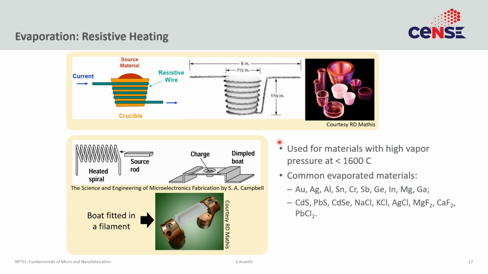For example, aluminum and tungsten form an alloy, so tungsten is not the best boat to be used for aluminum evaporation. However, gold and silver do not alloy with tungsten, so tungsten is an excellent boat material for evaporating gold and silver. Those kind of details I'm not going to discuss here. I'm just going to leave it at that, that you should be careful when selecting crucible materials, resistive materials, and boat materials.